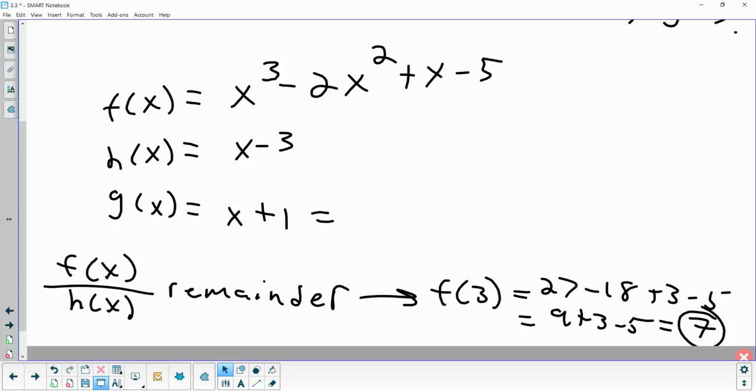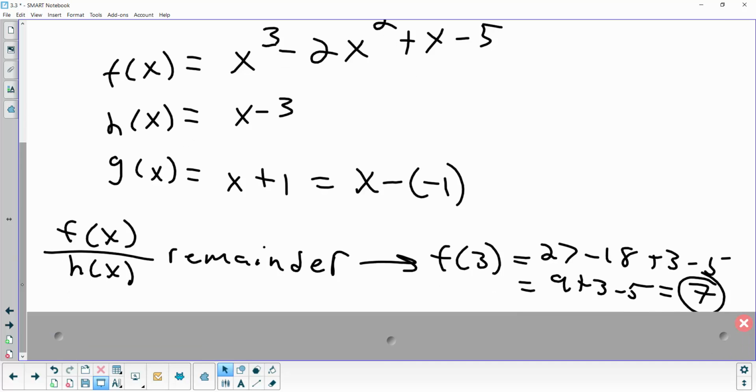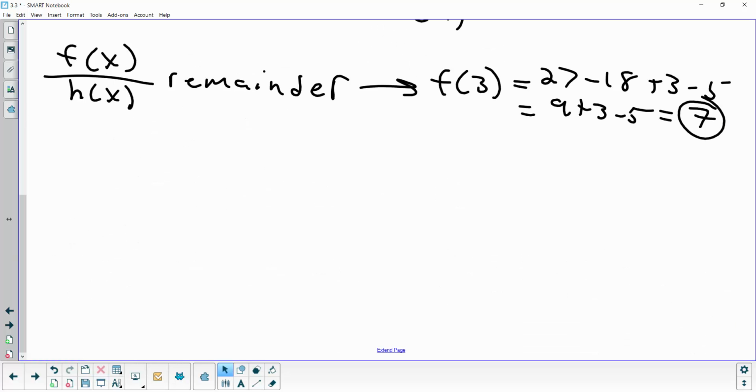I'm kind of on the right idea. Yep. X minus negative 1. That's exactly the same problem. Now it's of the form x minus a number. So now we can use the remainder theorem. All right, so now let's find the remainder when we do f of x divided by g of x.